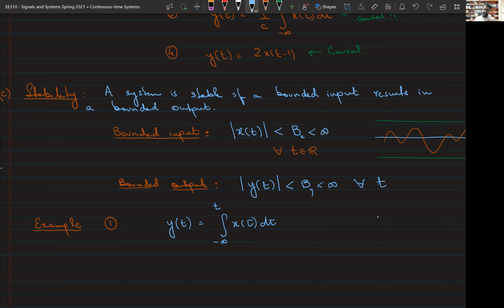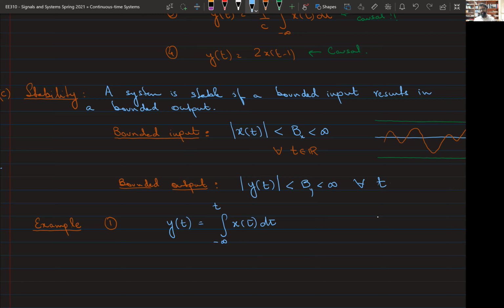I claim that this is an unstable system. In order to show that this is an unstable system, all you need to do is find one counter example, where you pick a bounded input and show that it results in an unbounded output.